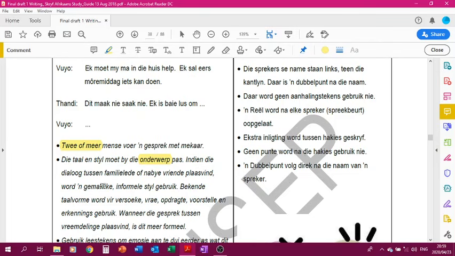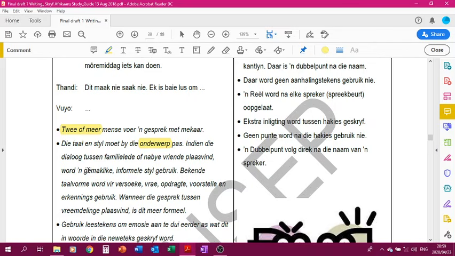So indien die dialoog tussen familielede of nabye vriende plaasvind, word gemaklike informele styl gebruik. Bekende taalvorme word vir versoeke, vrae, opdragte, voorstelle, erkennings gebruik, en wanneer die gesprek tussen vreemdelinge plaasvind, is dit meer formeel. Alright? So the language and the style needs to fit with the topic.